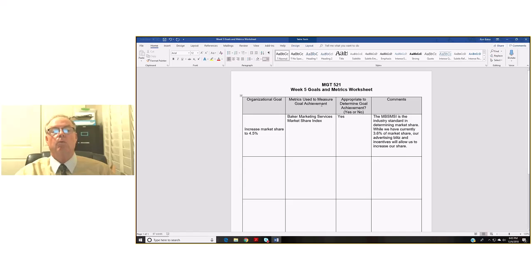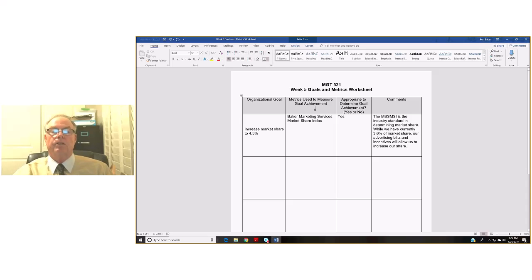So I'm going to bring up the worksheet now, week 5 goals and metrics worksheet. And you'll see this in your assignment materials. Okay, so 3 organizational goals I'm looking for. Here's one that I just made up. Okay, increase market share to 4.5%. Well, that seems worthwhile.